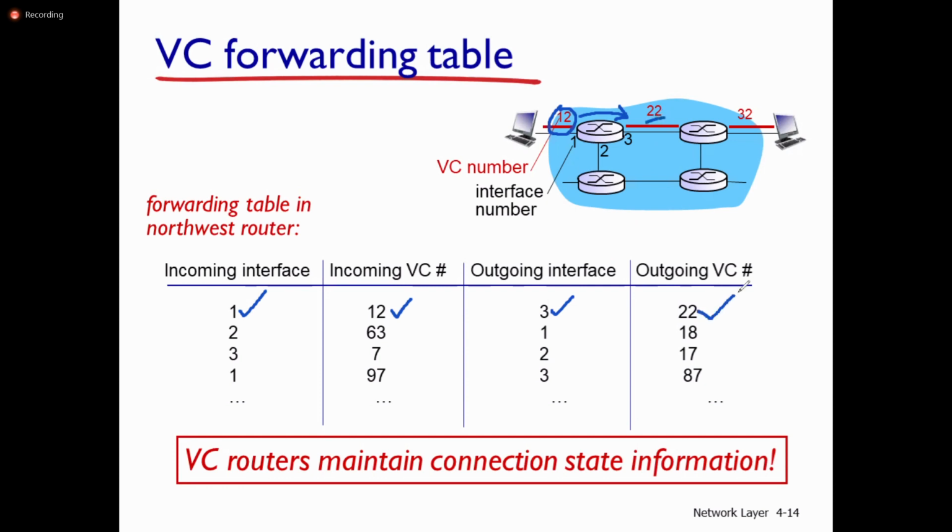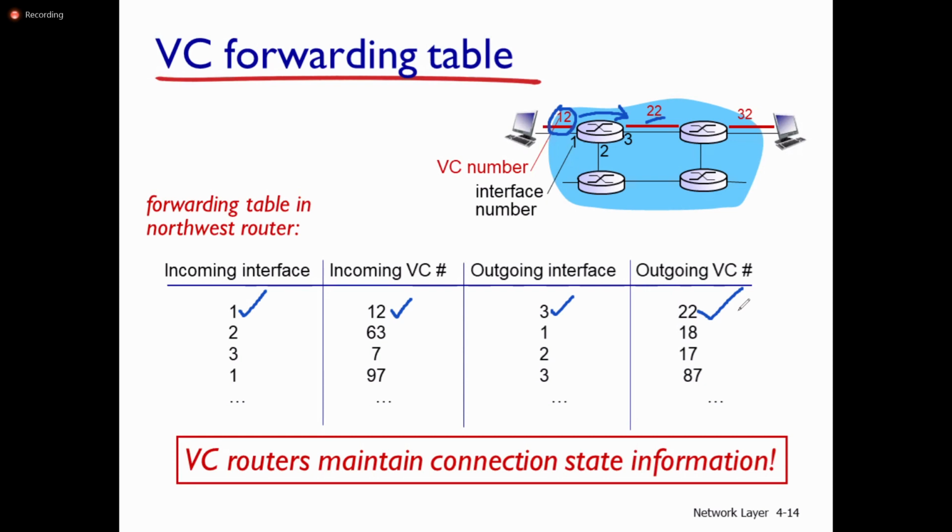So whenever the packet is passing from one link to another link, the virtual circuit number is automatically changed. This is nothing but the forwarding table in this router: incoming interface, incoming VC, outgoing interface, outgoing VC.